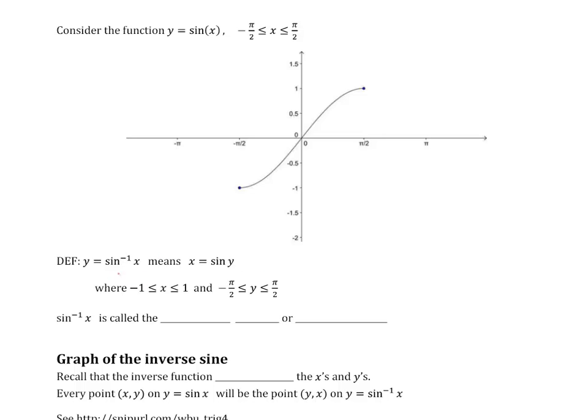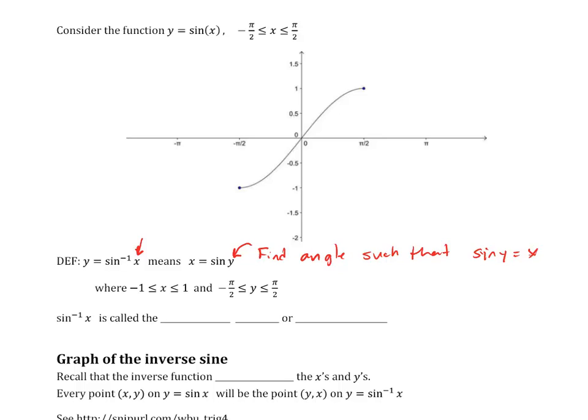Think of it this way. If I plug in a number right here for x, for example, I say sine inverse of 1, I'm looking for the angle such that sine of y equals the x that I'm taking the inverse of.